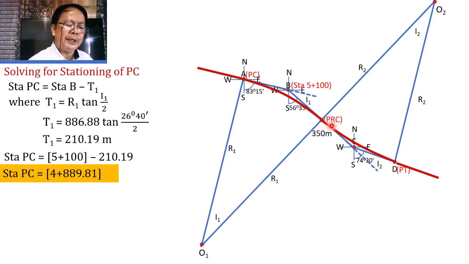The stationing of the PRC will be the stationing of the PC plus the length of this curvature.